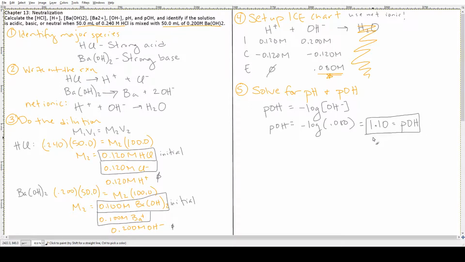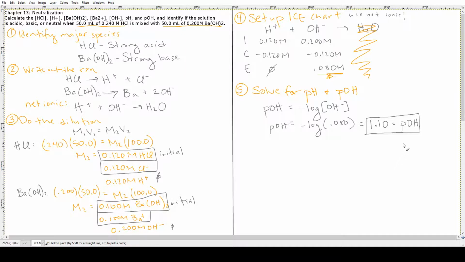Okay, so that's that. But I want to know the pH, but there's no number here, so isn't there no pH? No, that is not the case. Remember, these guys are aqueous. We have water involved. There is water in here. We have created water. It is sitting in water. And we know that water auto-ionizes into hydrogen and hydroxide. So that means that there are hydrogens floating around in there.